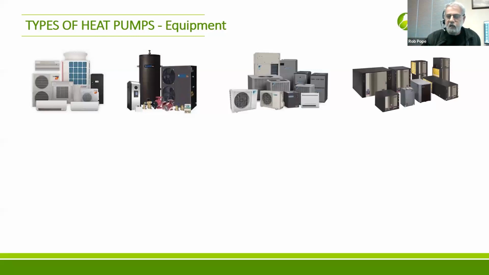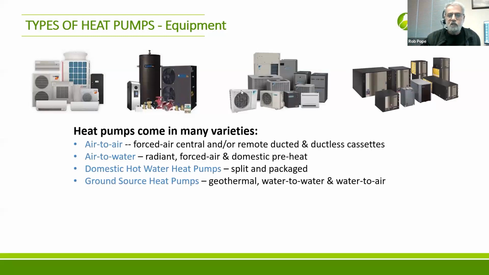So that's the technologies. And then equipment. There are many types of equipment. In general categories, heat pumps come in air to air. That's the most common throughout North America, air to air heat pumps. But there's also air to water heat pumps. So air to water heat pumps transfer that heat it captures from outside to water instead of to air.